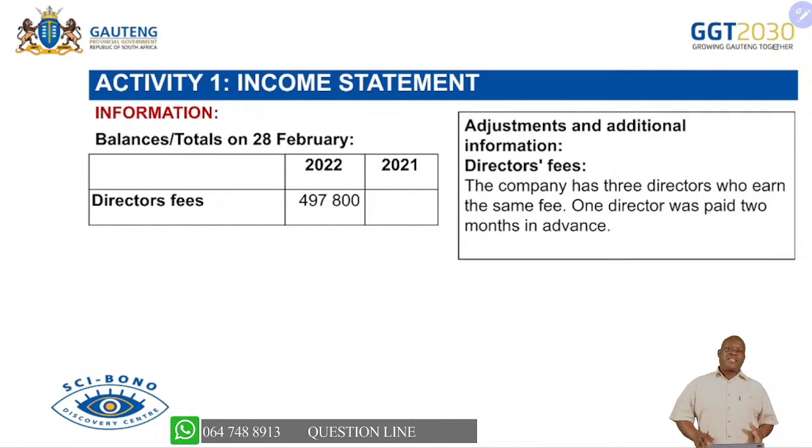So we can safely say this amount of 497,800 is too much. We must subtract those 2 months. But how much is the 2 months? 12 months, director number 1, 12 months, director number 2, that's 24 months, and 14 months, director number 3. This gives us 38 months. So that amount is for 38 months. If we know that, can we find for 2 months?